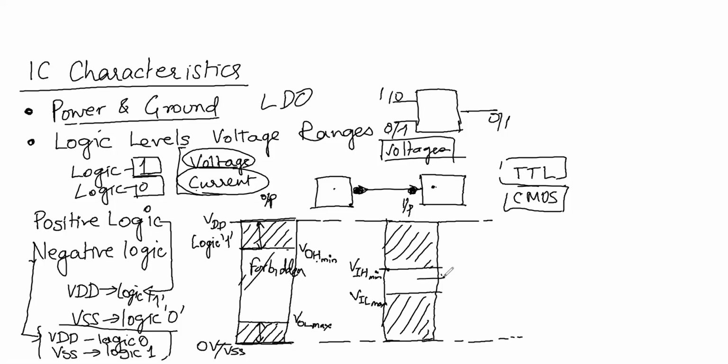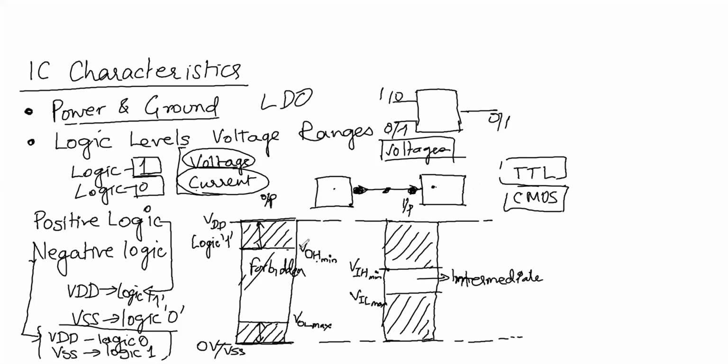And this is intermediate, which is not acceptable. If the voltage comes within this range, it cannot be recognized either as logic 0 or logic 1. So how this gate is going to behave and what output it gives, we cannot predict. So it's not reliable.